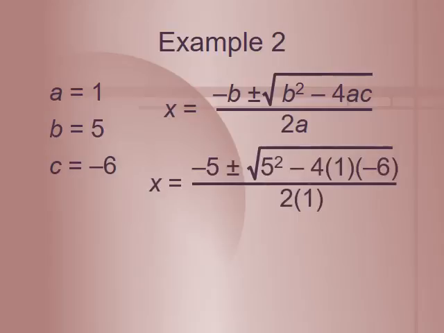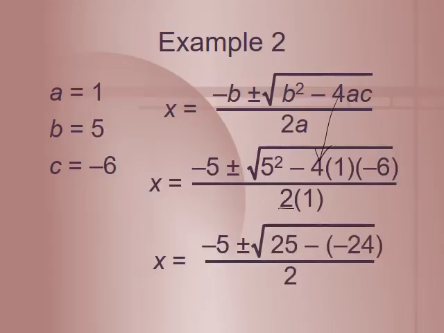We're going to go ahead and plug in our numbers. Notice where all the B's were are now 5s, and we have our 4 that always stays there, and then we have a 1 where the A goes and a negative 6 where the C goes, and our 2 always stays here, and we have a 1 where the A goes.